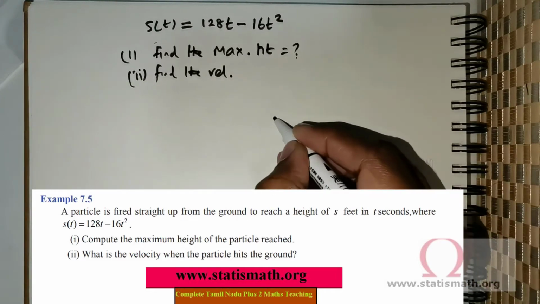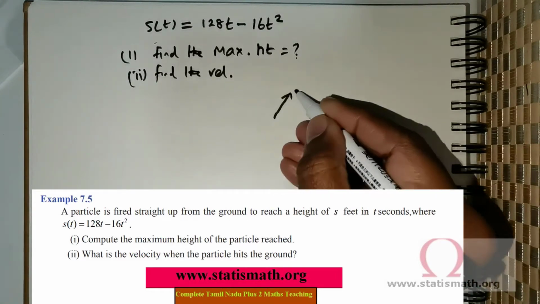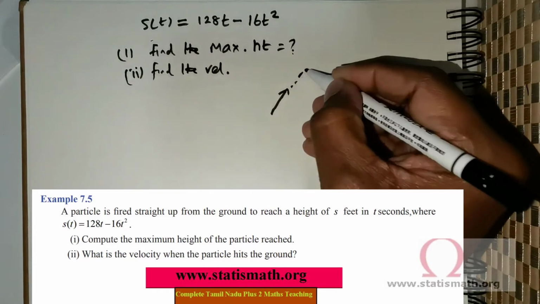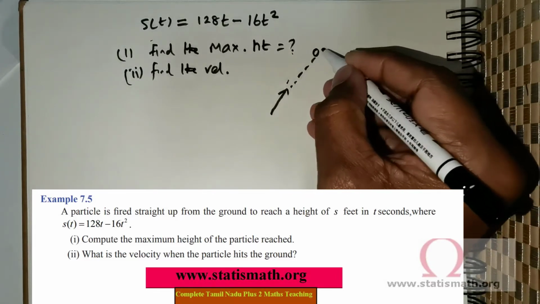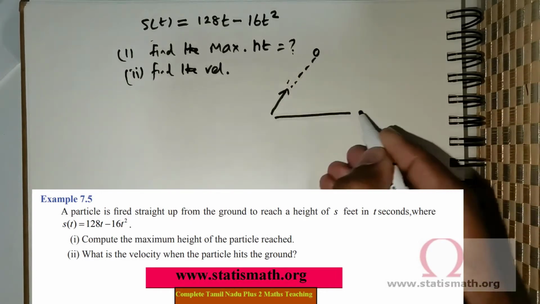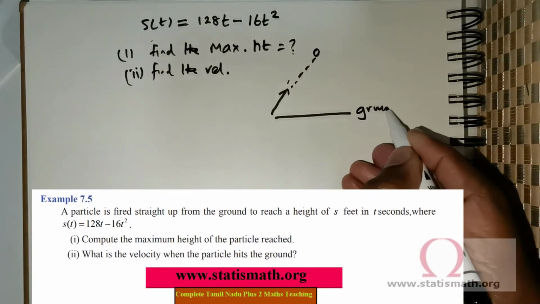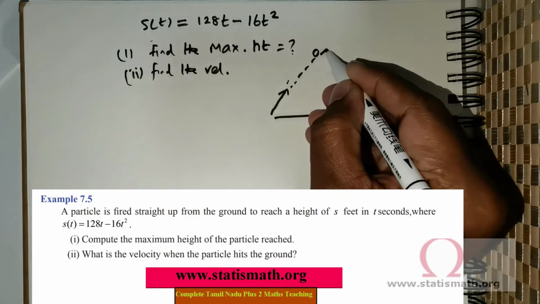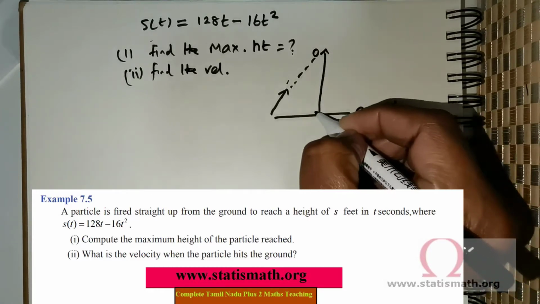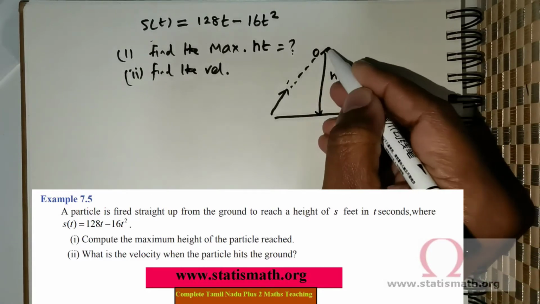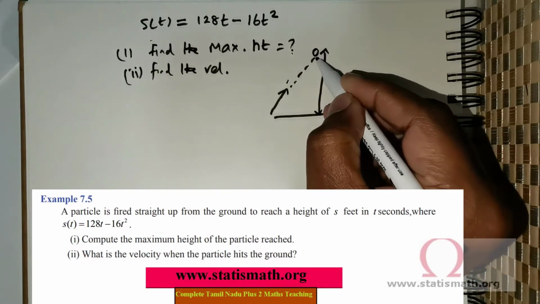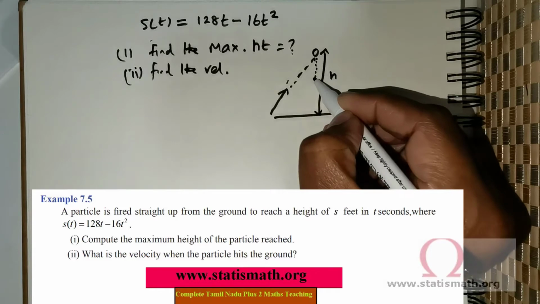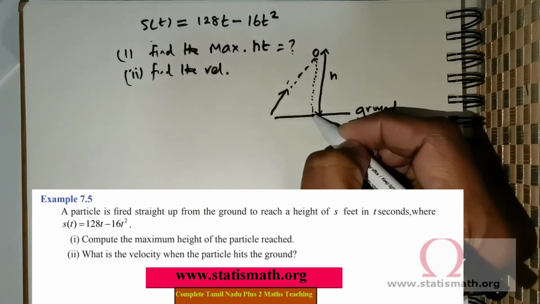Now imagine a particle is traveling. If this is ground level, the particle is traveling and it reaches the maximum height. After it has reached its maximum height, the particle will have to come down, right?